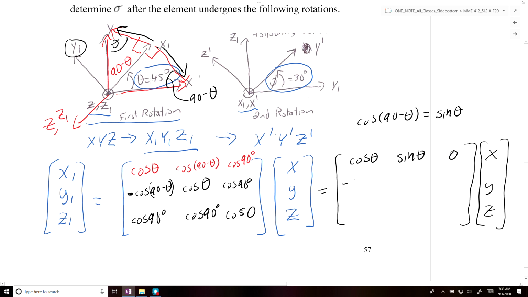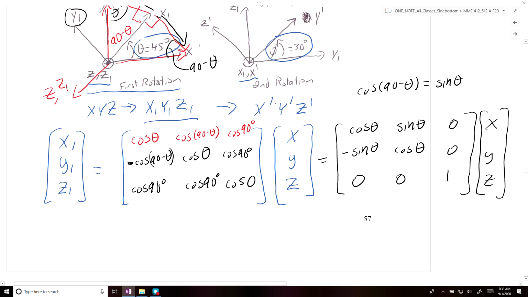The second row will be minus sine theta, cosine theta, 0. And the last row will be 0, 0, and 1. So this would be our transformation matrix for our first rotation. We'll call this T1.